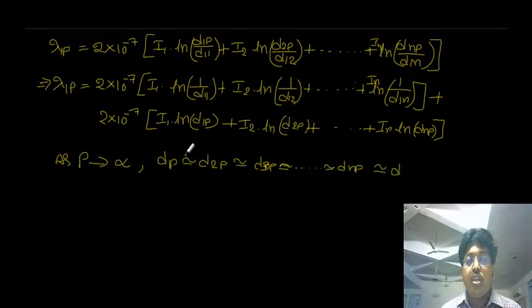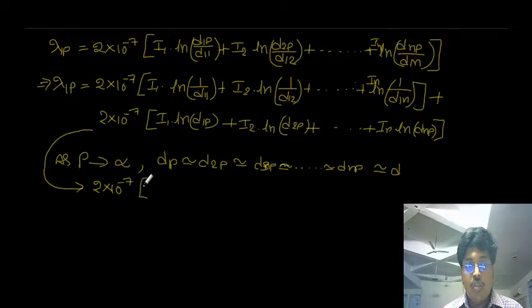So if you substitute D1P, D2P, and so on, all these values as D in this expression, the second term will be 2 into 10 power minus 7 into I1 into logarithm of d, I2 into logarithm of d, and so on, In into logarithm of d.